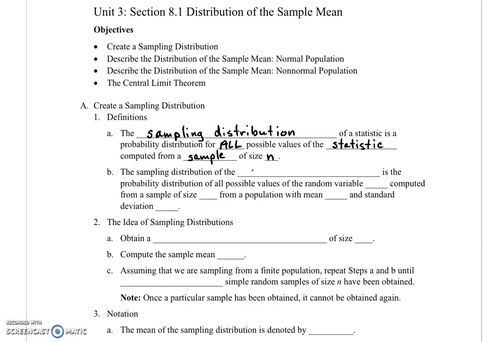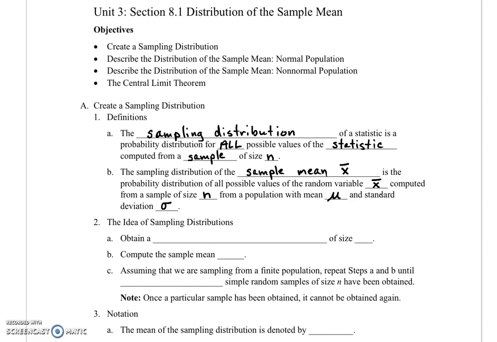So the sampling distribution of the sample mean, x bar, remember x bar is what we use for the sample mean. So the sampling distribution of the sample mean is the probability distribution of all possible values of the random variable x bar computed from a sample of size lowercase n from a population with mean mu and standard deviation sigma.